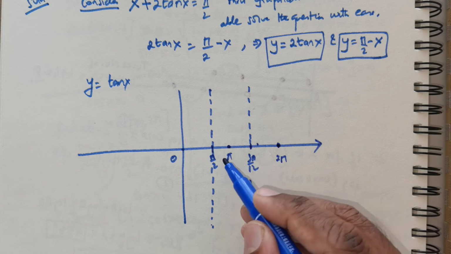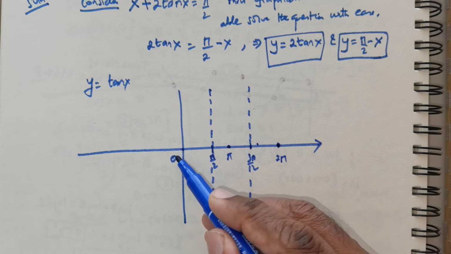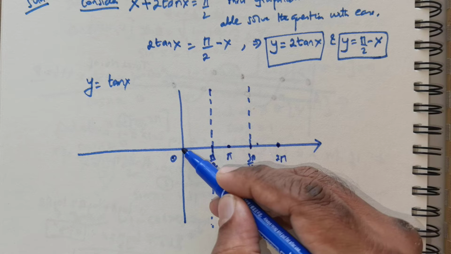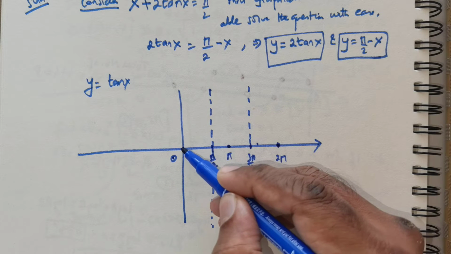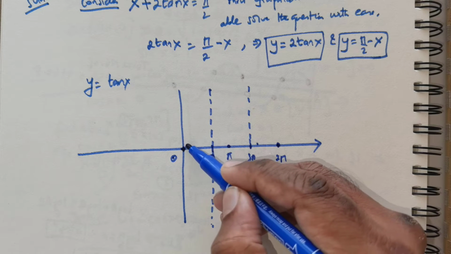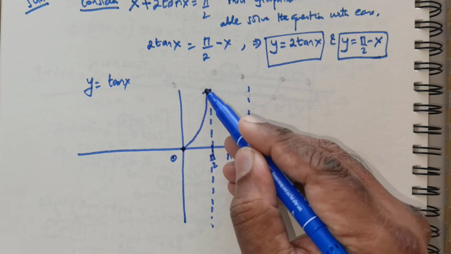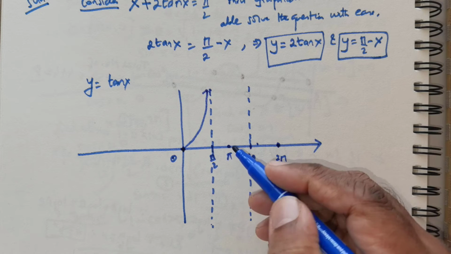Now the graph will start at 0 and move up like this. That's the first step of the graph.